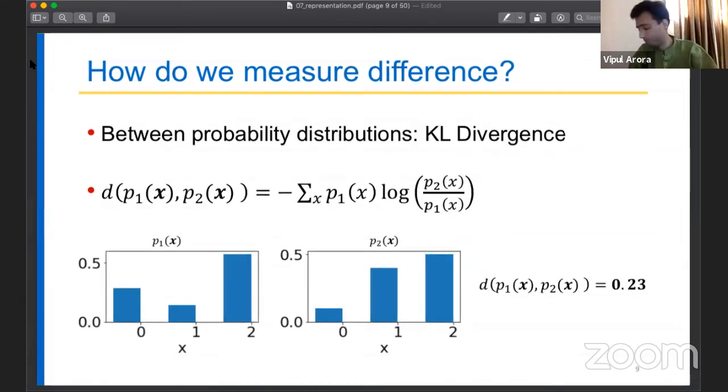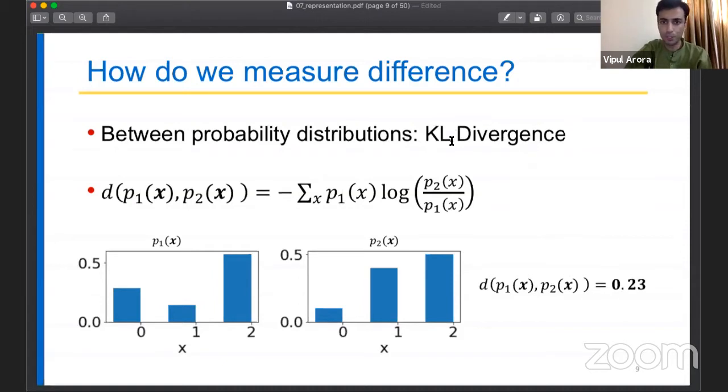So how do we measure the difference between two probability distributions? Now we saw two vectors and how they are different. But now let us say these are probability distributions, which means essentially vectors, but they are all non-negative and they sum up to 1. That is the meaning of a probability distribution. So you know KL divergence is a measure which can be used.